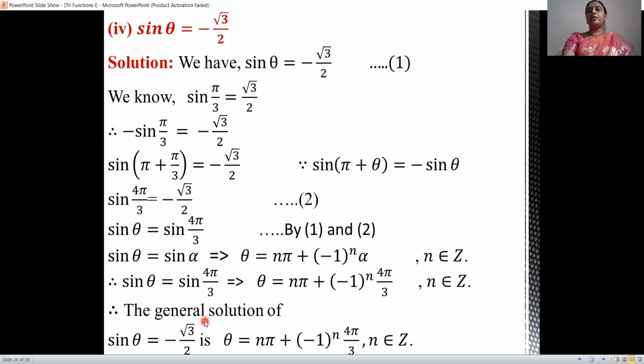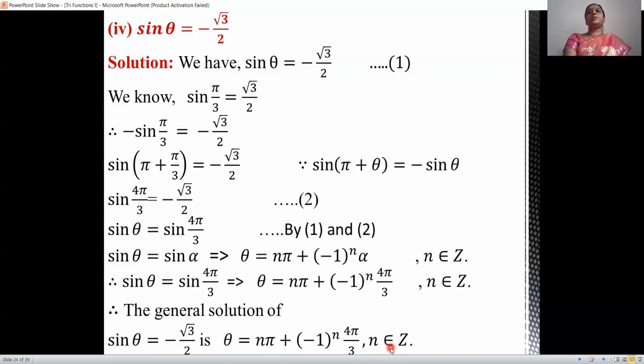Therefore, write down here the general solution of sine theta is equal to minus root 3 by 2 is theta is equal to n pi plus minus 1 raised to n into 4 pi by 3, n belongs to Z. This is the general solution of our given problem.